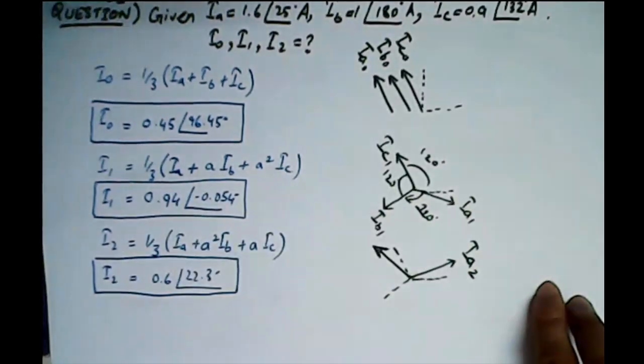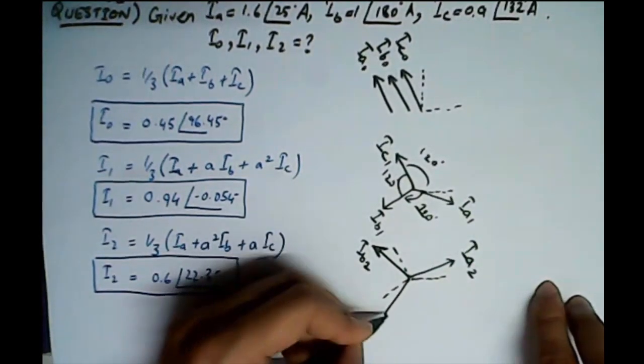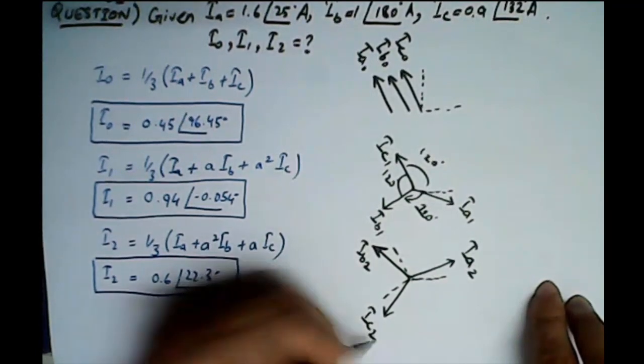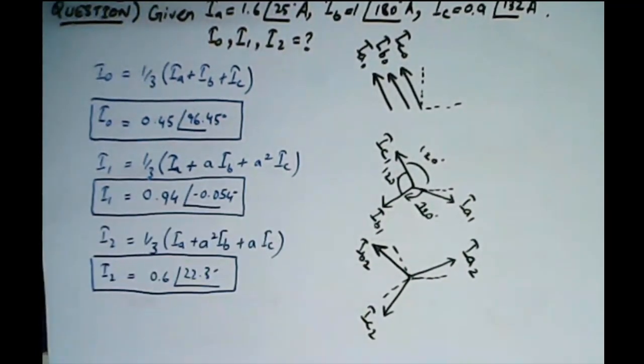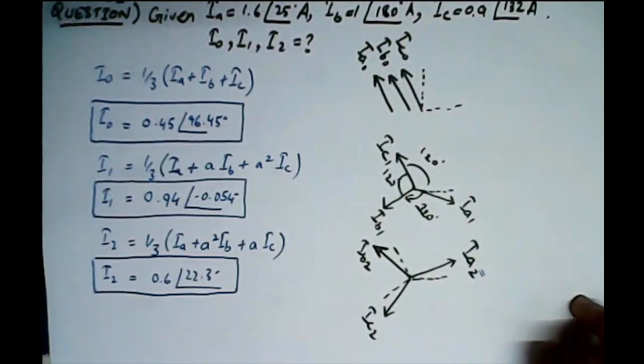This is IB2 and this would be IC2. The dotted line shows the position if the angle was 0, 120 and 240 respectively. IA2 will be 0.6 angle 22.3 degrees.